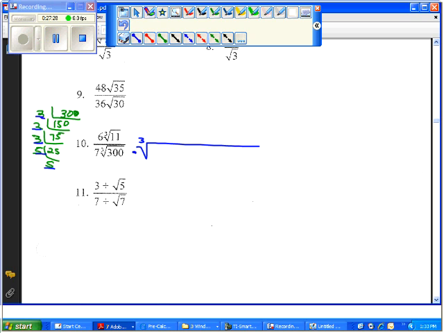Now how many times has the 2 already appeared? So what do we need? 1 more 2. That would give us a set of 3. Okay? How many times has the 3 already appeared? Once. So we need how many more? 2.